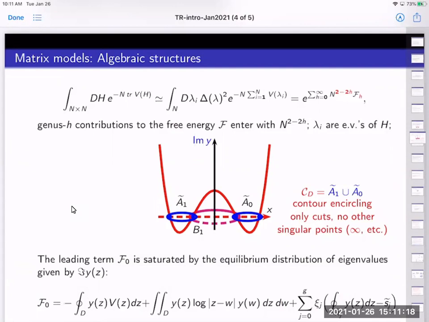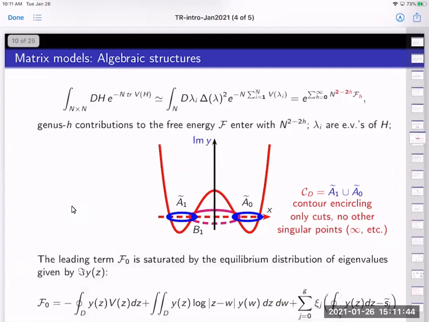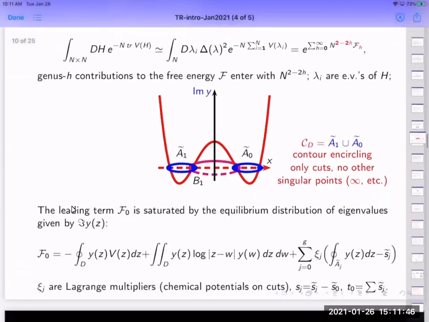in integral analysis that if we consider again this expansion, and n is considered as a large parameter, so we consider asymptotic expansion in n. Then if I consider just the leading term of this expansion in the free energy, this leading term is saturated by the equilibrium distribution.